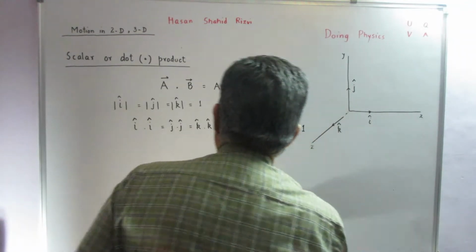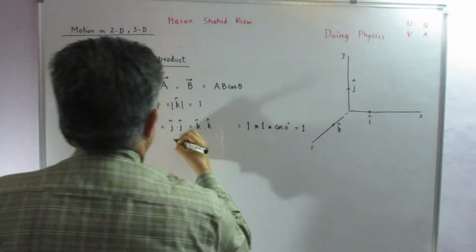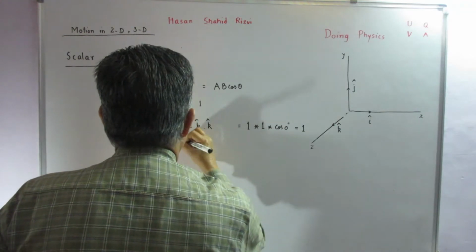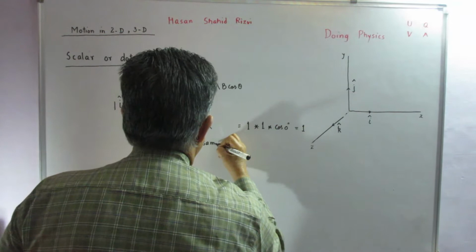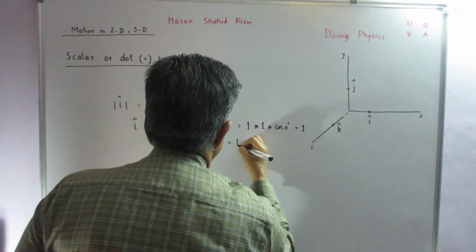So I can write a simple equation for this: same cap dot same cap, and remember that very easily, is equal to 1.